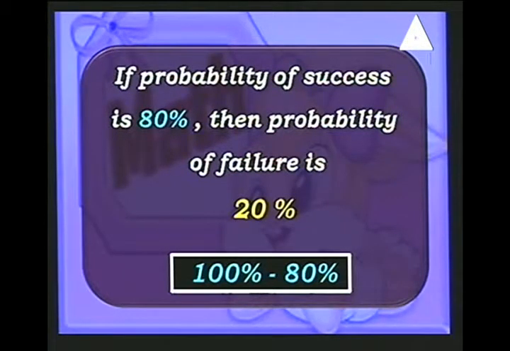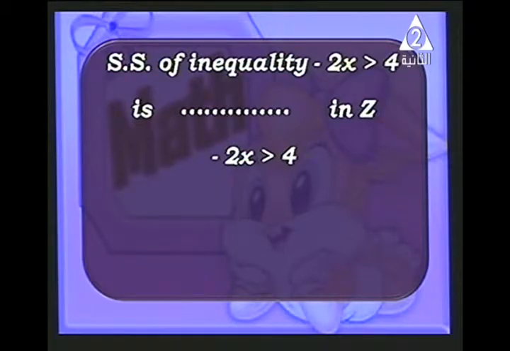Another example. Solution set of the inequality negative 2x greater than 4 is what in Z? First of all, negative 2x is greater than 4. To find the value of x, you are going to divide both sides by negative 2 to obtain x on one side and a number on the other side.